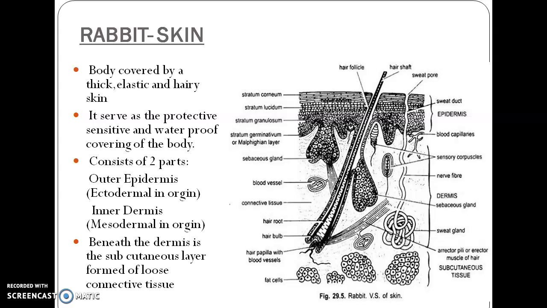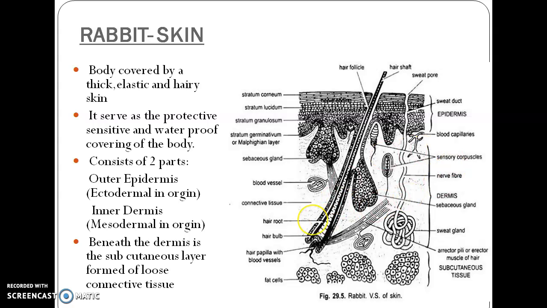Generally, the rabbit skin consists of two different parts: an outer epidermis and, just below the epidermis, another layer called the dermis. The outer epidermis is ectodermal in origin, and the inner dermis is mesodermal in origin.